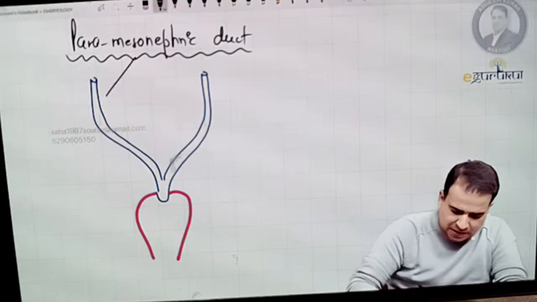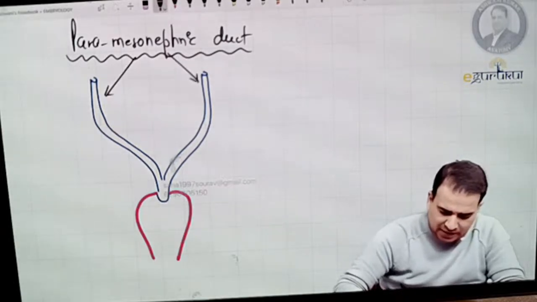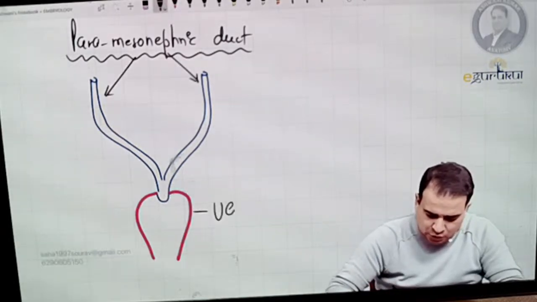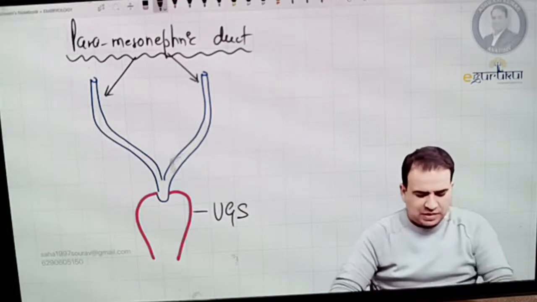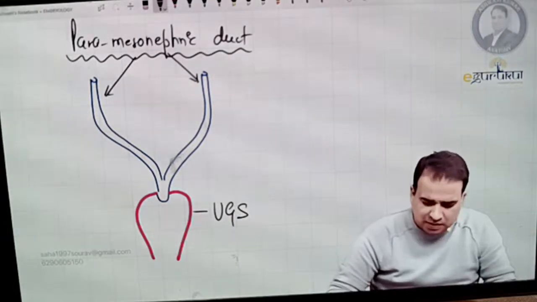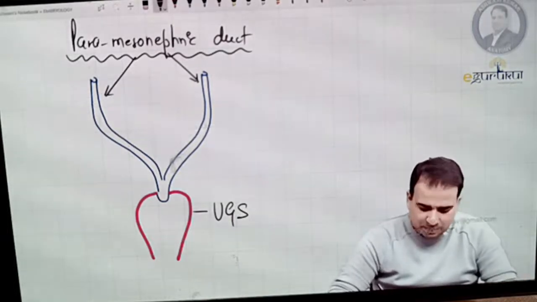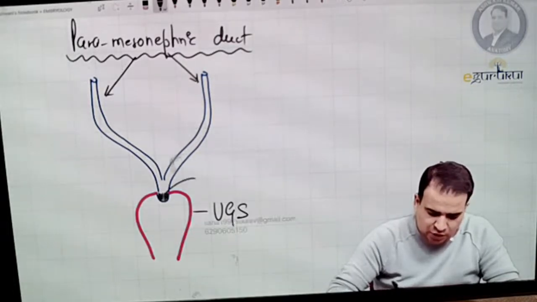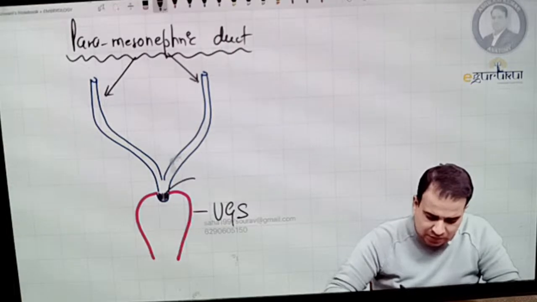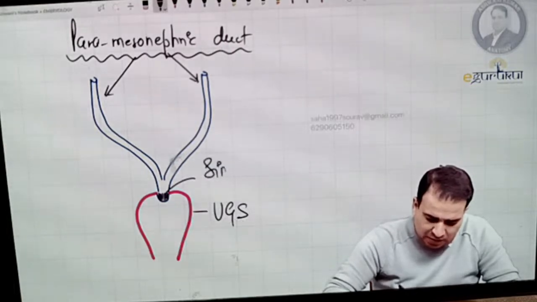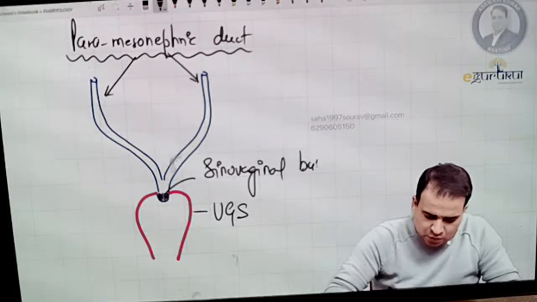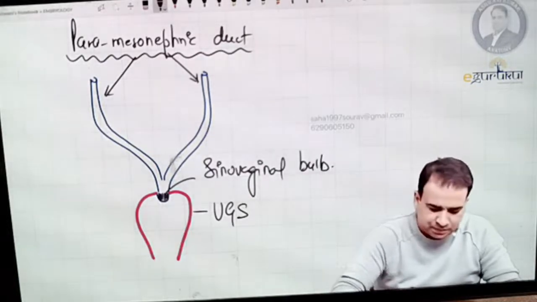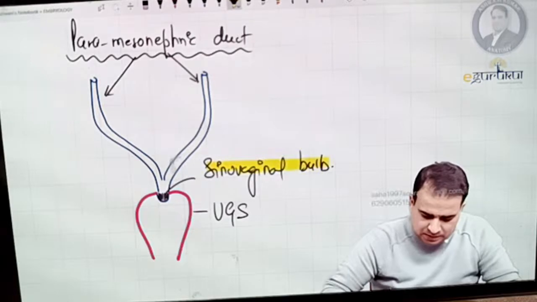So these are the paramesonephric ducts of the right and the left side. And this here is the urogenital sinus. Well, obviously, the paramesonephric duct is mesodermal, the urogenital sinus endodermal. And this proliferating end of the paramesonephric duct is called the sinovaginal bulb.